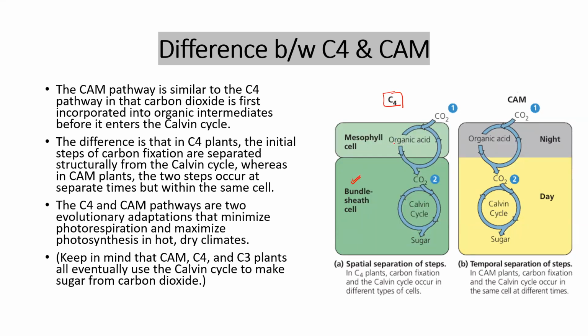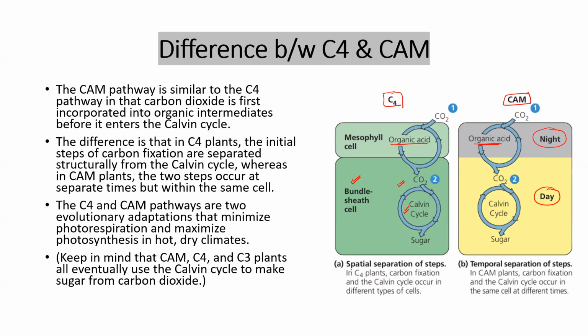In the mesophyll cell, acid formation is done, that is oxaloacetic acid, which is given to the bundle sheath where the Calvin cycle will operate. But in CAM plants, the process is occurring in one cell only, that is the mesophyll cell. It is only a time difference. In the night time, they are making the organic acid, and in the daytime, they are doing the Calvin cycle when the stomata are closed.